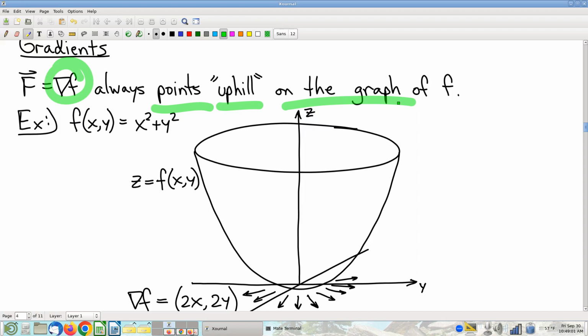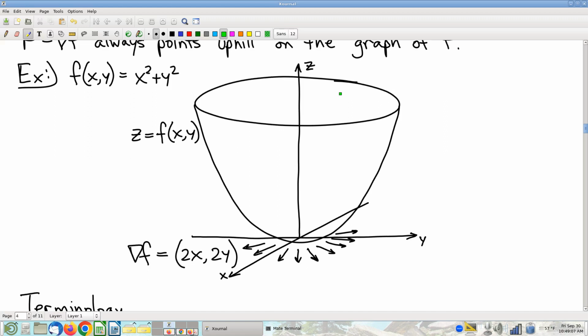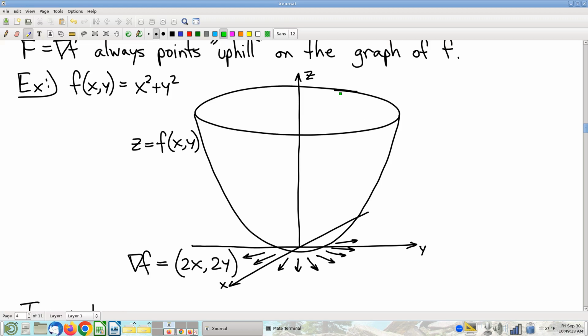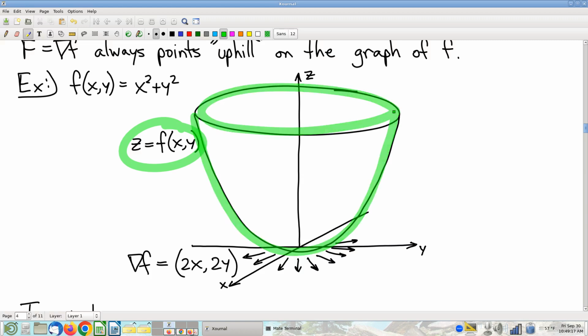And you can see that in this example. It tracks with the following picture, which is that here's the graph, and here's the gradient.